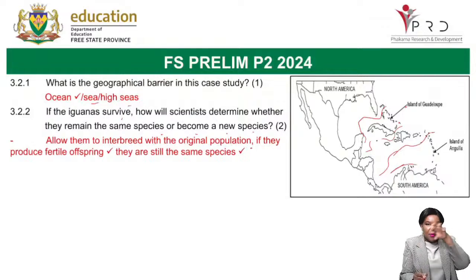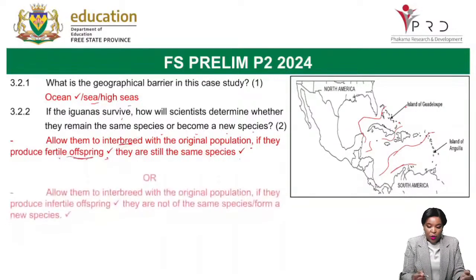What are you trying to check? If they produce a fertile offspring, you get a mark there, they are still of the same species. You have proved to us they are of the same species because they were able to interbreed and produce a fertile offspring.